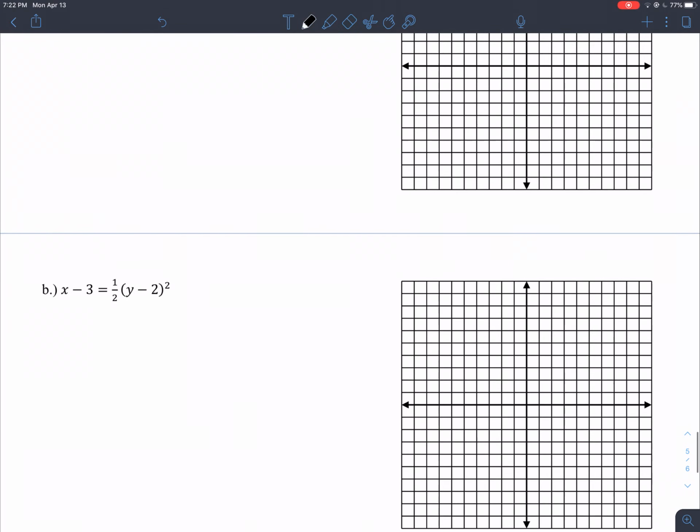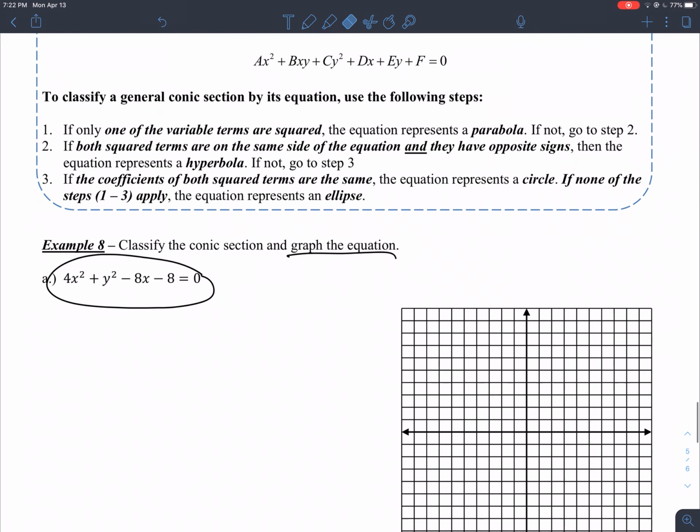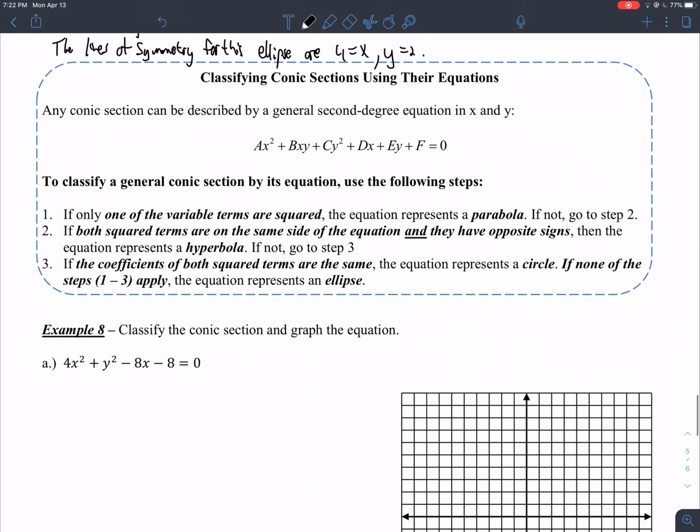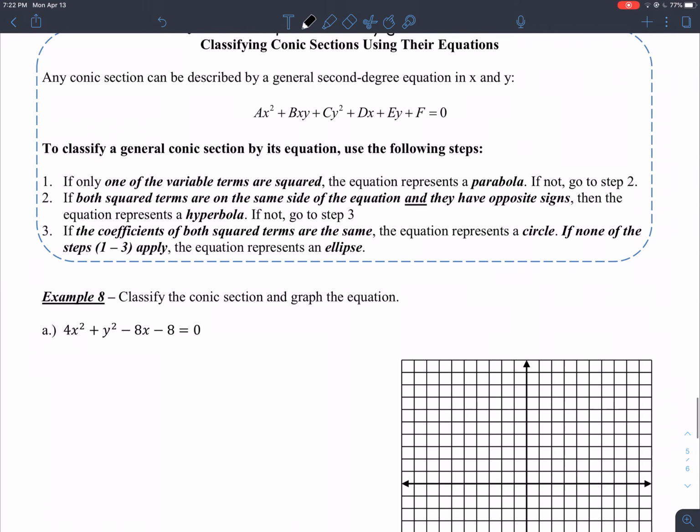All right. So let's jump in here. So first of all, classifying a conic section. Well, actually what you can do to classify a conic section is just write it in standard form and then look at the standard form and go, which conic section is this? That's one way. That's actually a lot more work than this little recipe, but that'll also work.